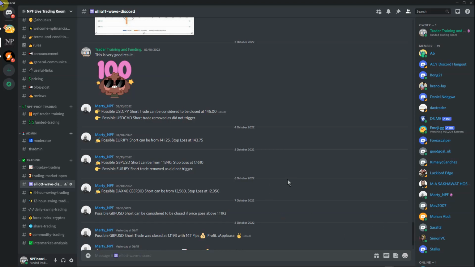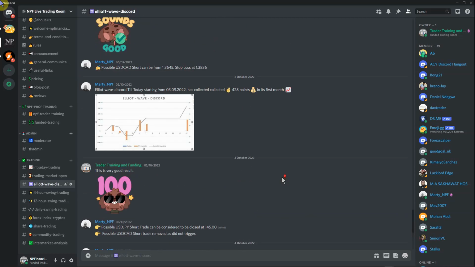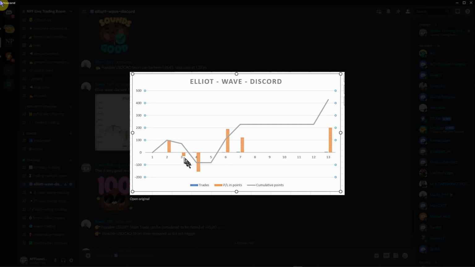So that was the USD JPY trade we were talking about, and Elliott wave Discord till today, starting from 3.9, has collected 428 points in the first month. Oh, how good is that? And look at the drawdown, only two drawdowns, 1 and 2, and that is 1.5% maximum, and we allow up to 5% maximum trailing drawdown.